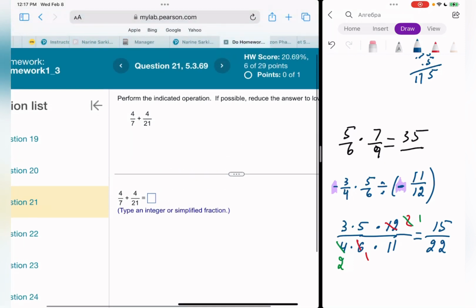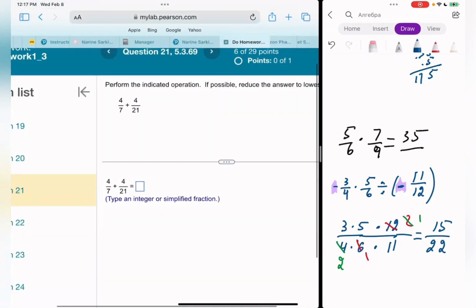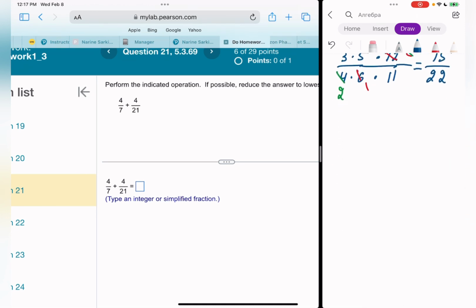Next one, addition. Now we are going over addition. 4 over 7 plus 4 over 21. Okay, we have 7 and 21. We need to bring to a common denominator.